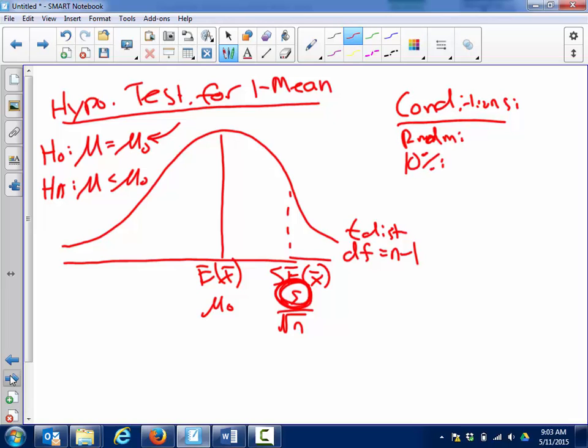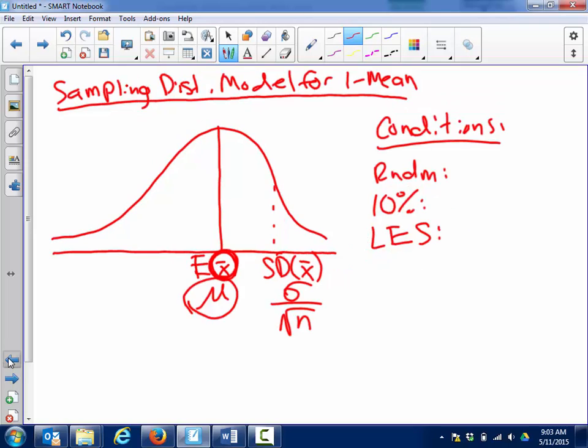They are randomization, 10%, and the nearly normal condition. Again, you check that by taking all your sample data, building a histogram, which you would display in your conditions, and then determining whether or not you think that's close to a normal bell curve.